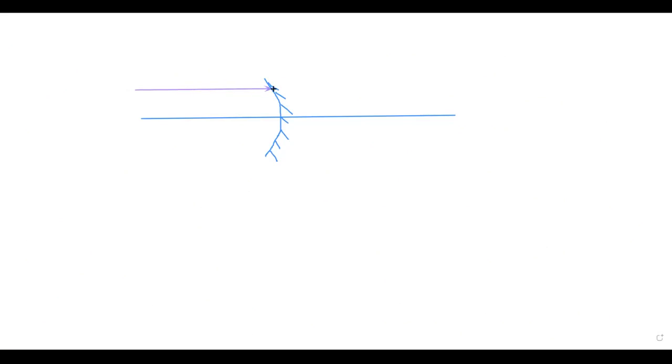So the distances taken in the direction of the incident ray, which is towards the right, will be taken as positive. We'll take all the distances positive in the direction of the incident ray, while we will take all the distances negative if they are taken opposite to the direction of the incident ray.